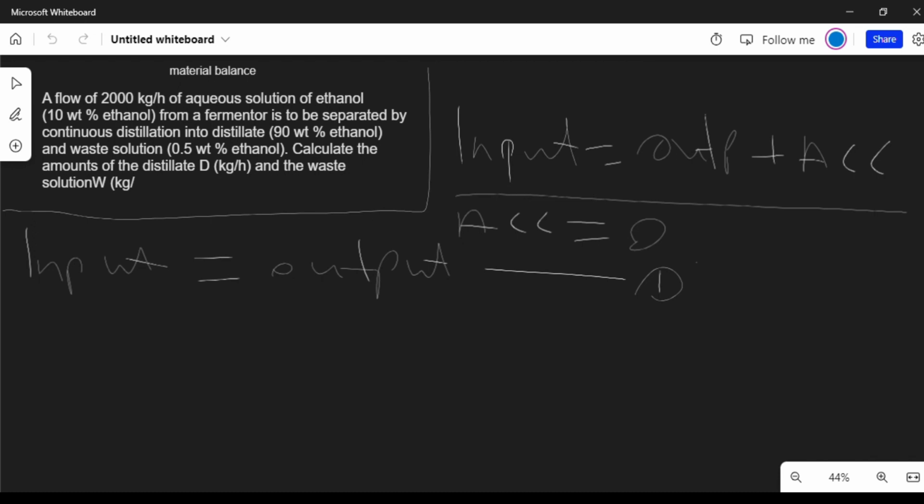So from the question, the input material is equal to ethanol, but then it is in the aqueous form, which means that it is not pure ethanol, but rather it is combined with water. So input was ethanol, and then the output, pardon me to write OT, output is equal to our distillate, which is D, plus our waste solution, which is W.